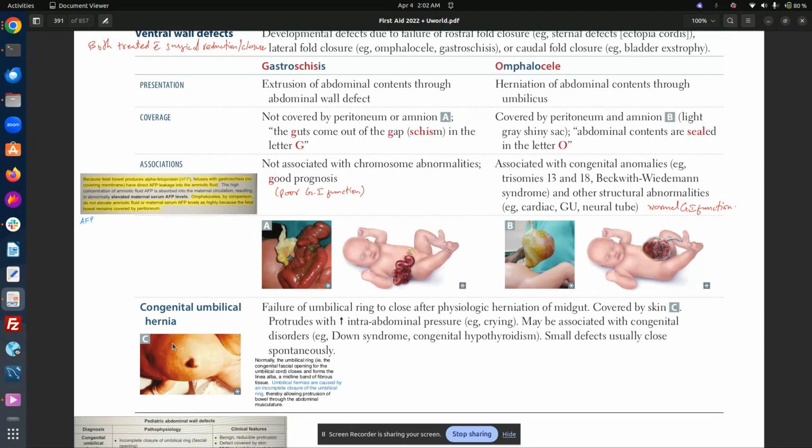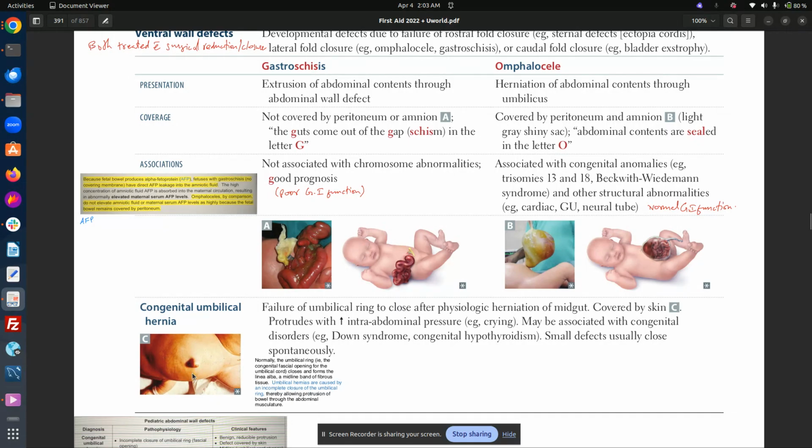And then the umbilical ring closes and forms the linea alba, a midline band of fibrous tissue. But if the umbilical ring fails to close, it results in congenital umbilical hernia. The abdominal contents come out through the umbilical ring, through that abdominal wall defect.